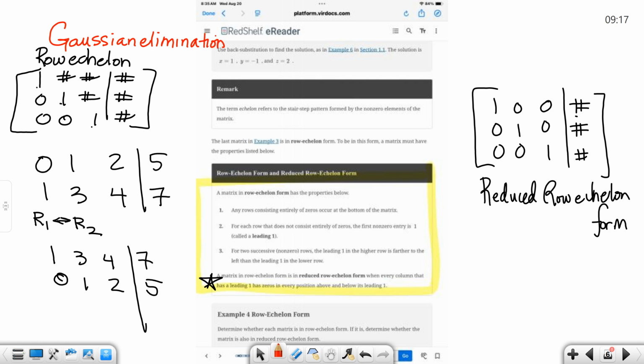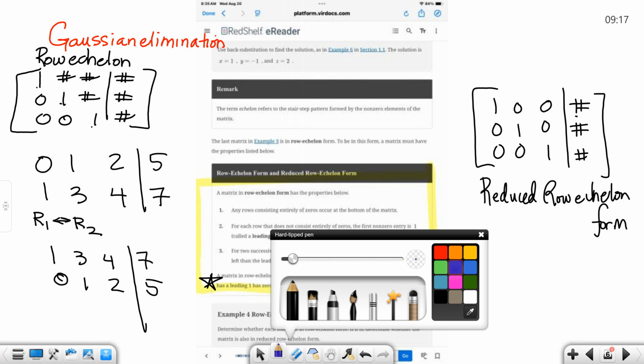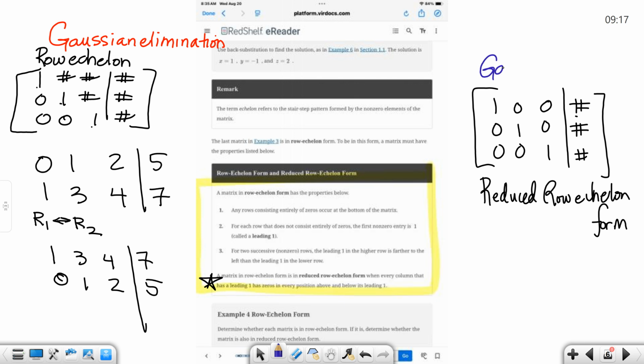But if you're taking it a step further and writing it in reduced row echelon form, that adds another guy to the mix, and his name was Jordan. So this is called Gauss-Jordan elimination.